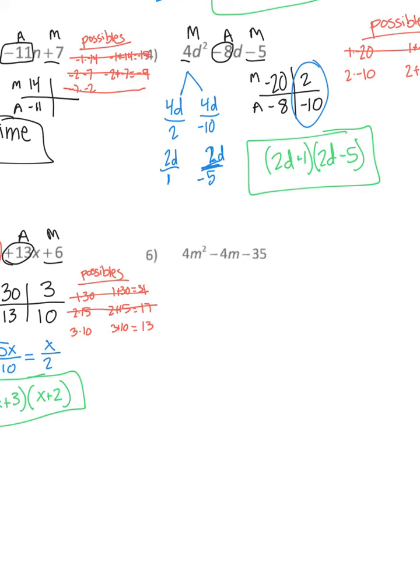Okay, one more here. Let's label it MAM. I'm going to multiply 4 times negative 35, and that is going to give me negative 140. Then I'm going to add to get negative 4.